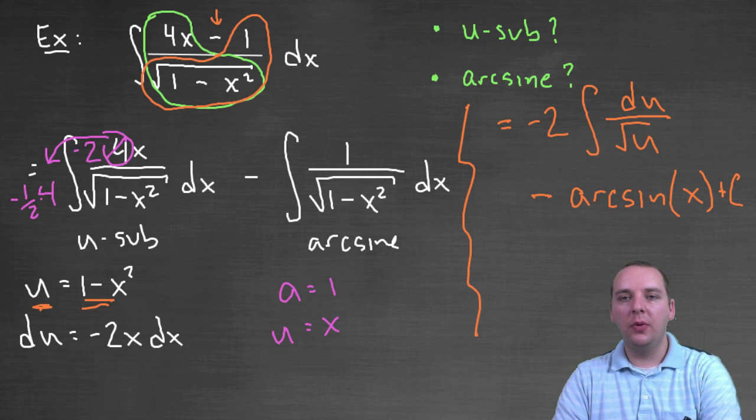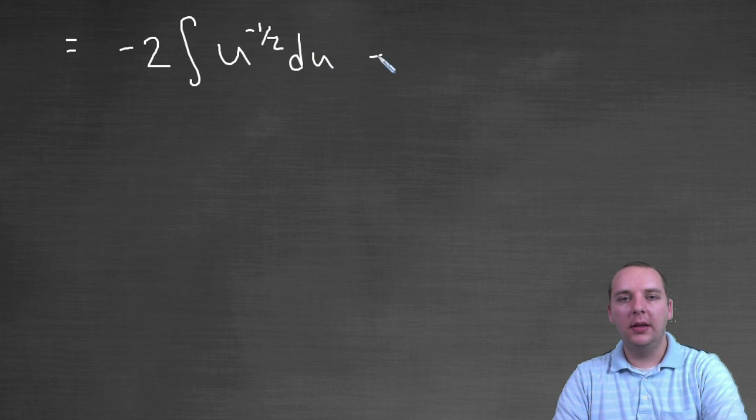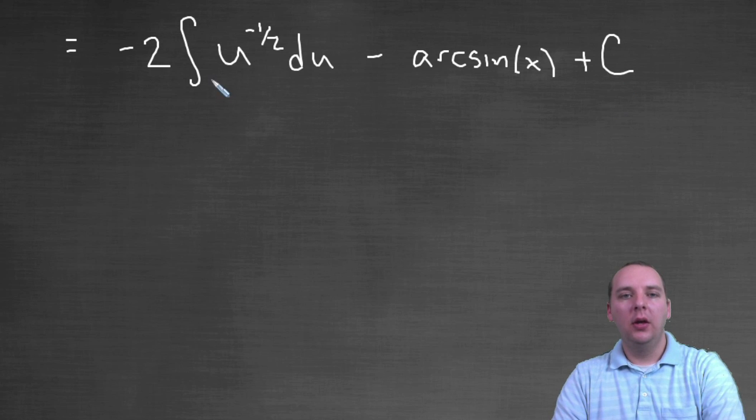All right. I'll rewrite the first integral just to make it look a little better. We have negative 2 times the integral of u to the minus 1/2 du, and then minus this integral that was already computed, arc sine of x, with a plus c on the end. Okay, rewriting this helps me see this more clearly as the power rule.